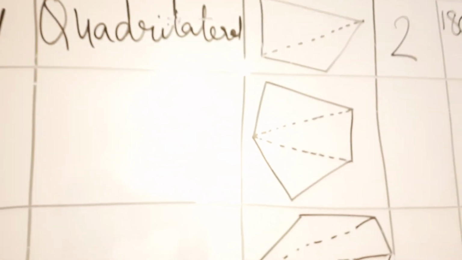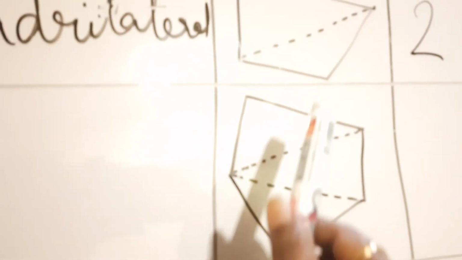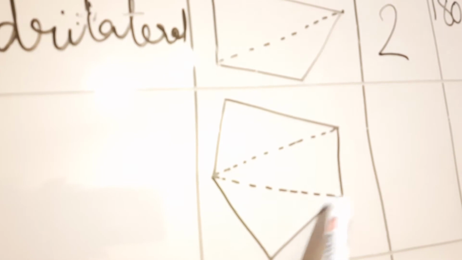Now look at the next figure. Tell me the number of sides. 1, 2, 3, 4, 5. So the number of sides is 5. And what is the figure called?